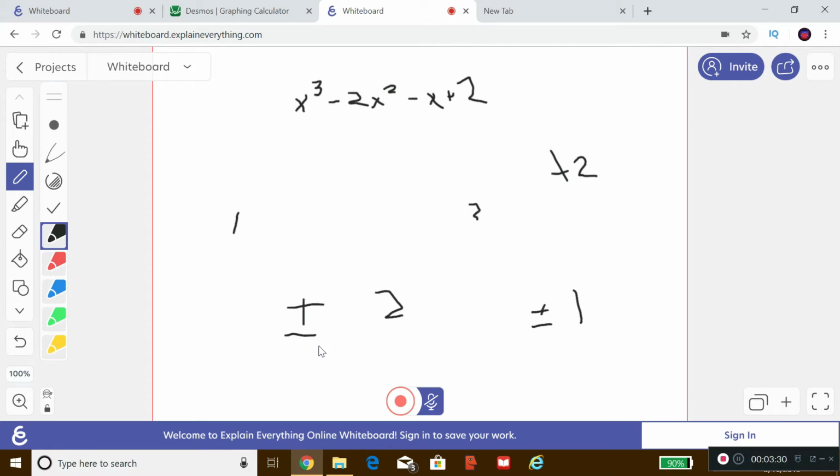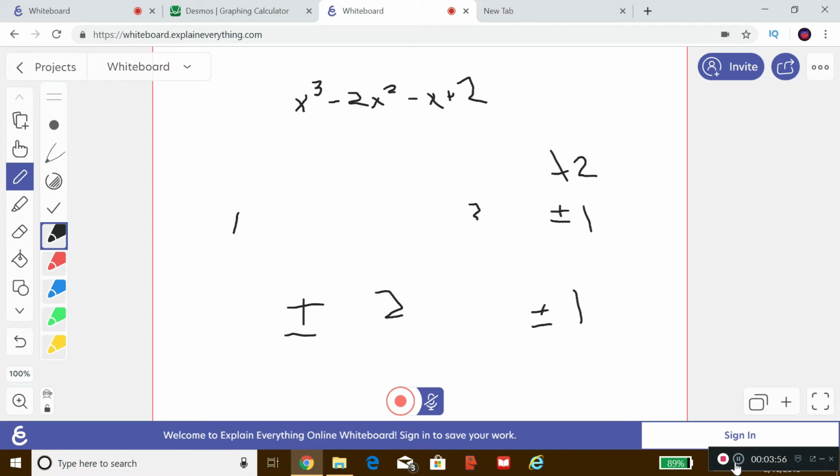So now let's go on to the ones. Plus 1, okay, 1 does work. Minus 1, okay, minus 1 does work as well. So we know there's a plus 2 and then plus or minus 1. Okay?